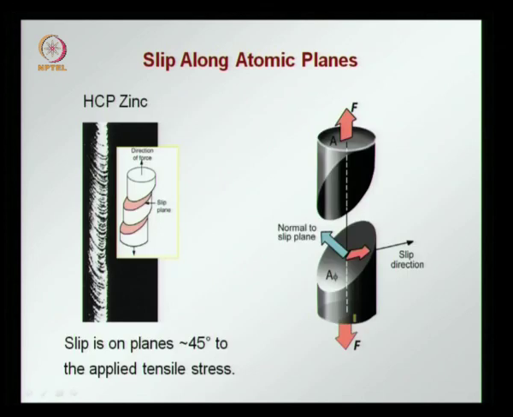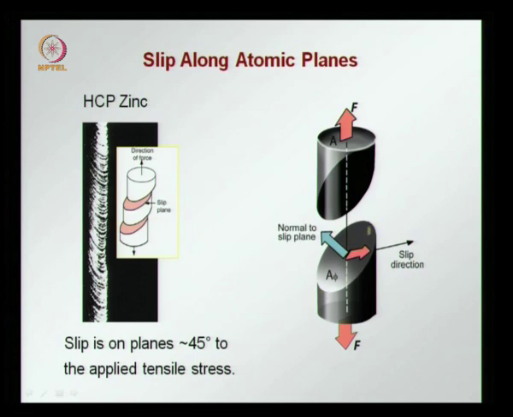Independent of how the load is applied, slip may often occur in a certain direction. For example, here we see a bar of zinc being pulled and we see that the slip occurs at 45 degrees to the applied tensile force. So even though the force is acting vertically, the slip is occurring at 45 degrees because that is where the shear stress is acting.